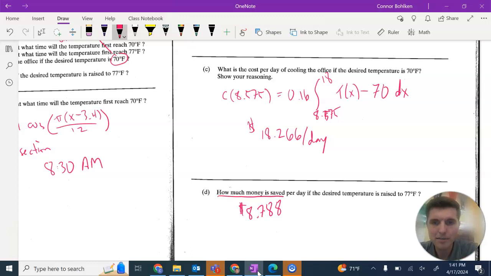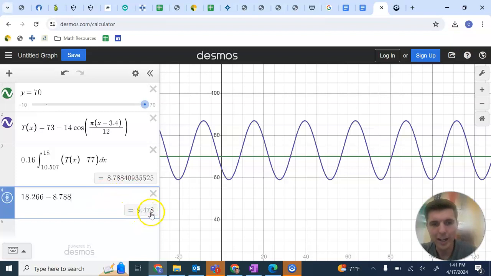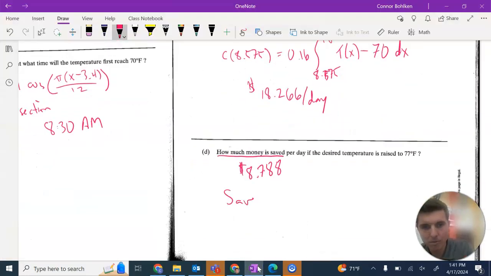So we just subtract 18.266 minus 8.788. Okay, $9.48. So they save $9.48 per day if your temperature is set 7 degrees higher.